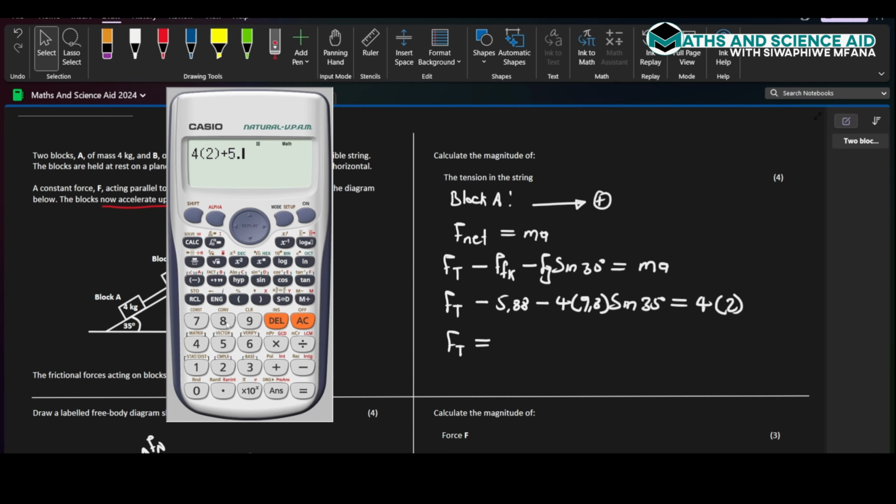So I'll add 5,88 and also add 4 multiplied by 9,8 multiplied by sine of 35 degrees. And this gives us 36,36. So this is the magnitude of the tension force. It's 36,36 newtons. Very important not to forget the units.